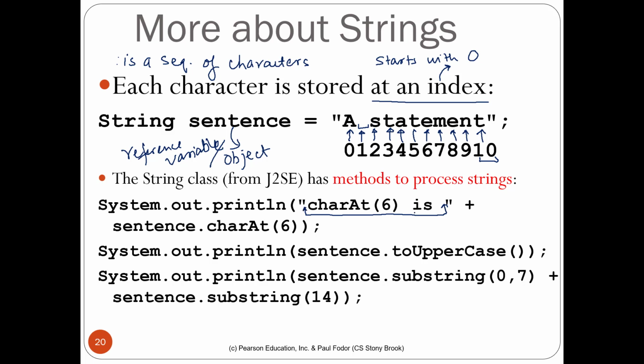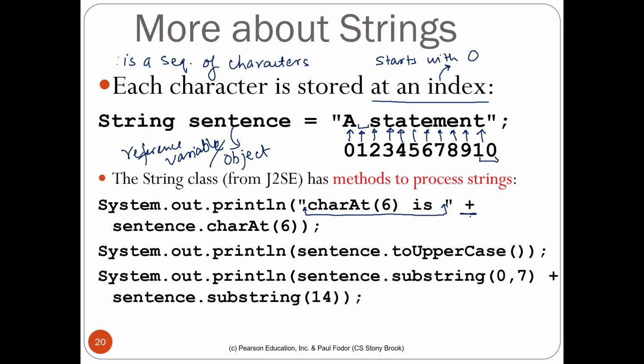Whatever you want to put, you can type right here, and as long as those characters are not special characters, you will print these out on the console. So this part will simply print char at in parenthesis 6 is, and then you have a plus which is doing a string concatenation.